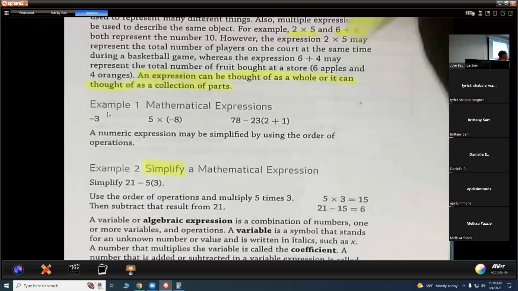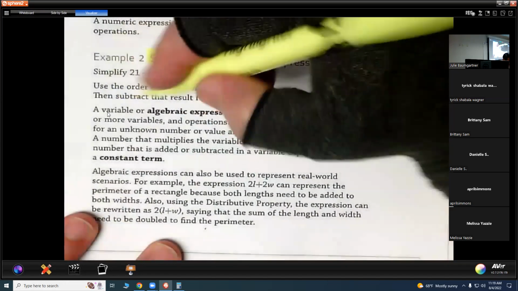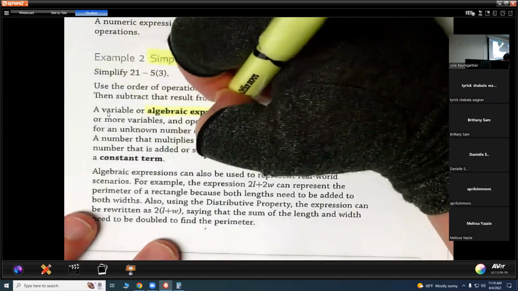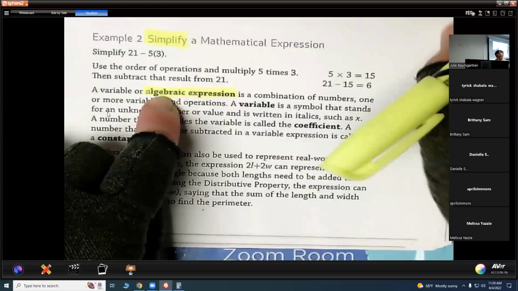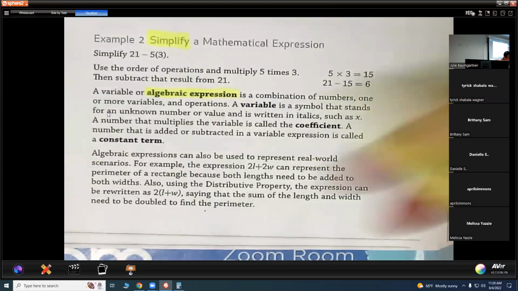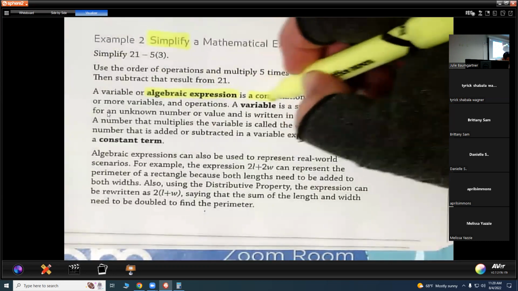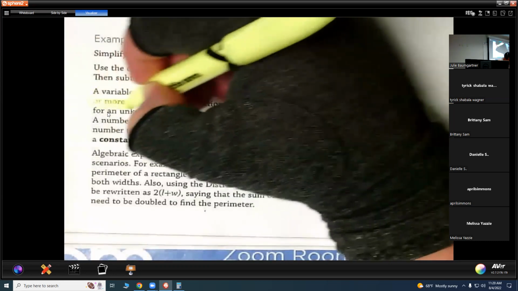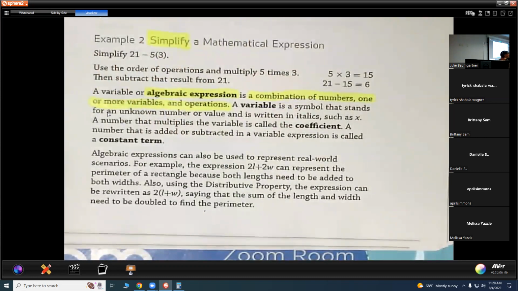So then, a variable or algebraic expression. So we're making this distinction between our numeric or mathematical versus algebraic, okay? And of course, the difference is that now the algebraic expression has 1 or more variables compared to mathematical that only has symbols, numbers, and operators, okay?